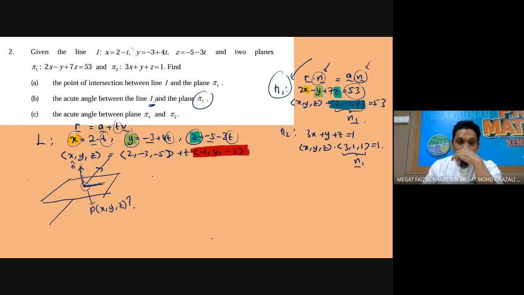So to find the angle, we are going to use this formula from your lecture notes. A dot B, vector A dot B, equals modulus of vector A times modulus of vector B times cos theta. So change the vectors A and B into, for a straight line, we refer to the V, and for the plane, we refer to the normal.